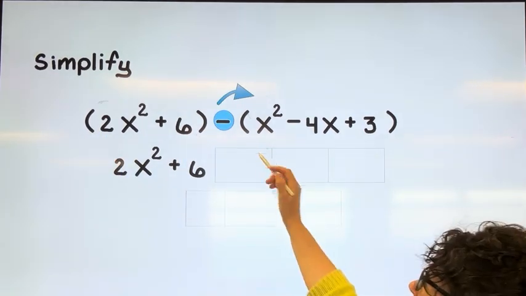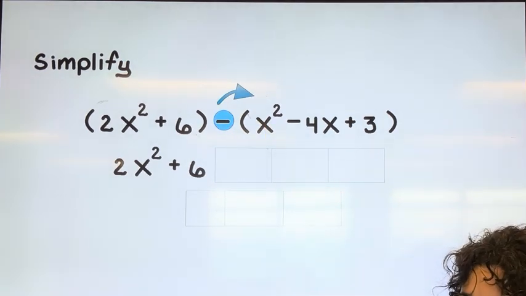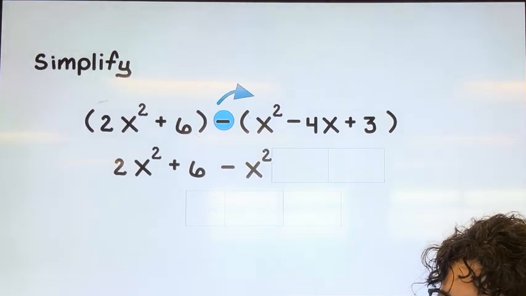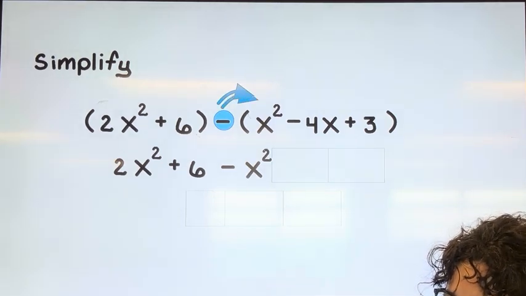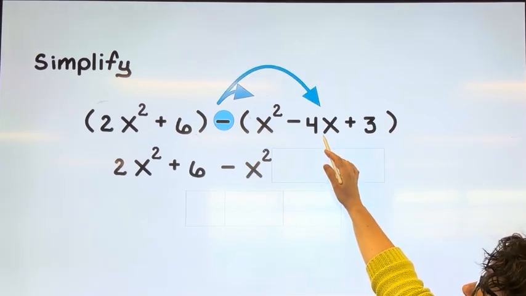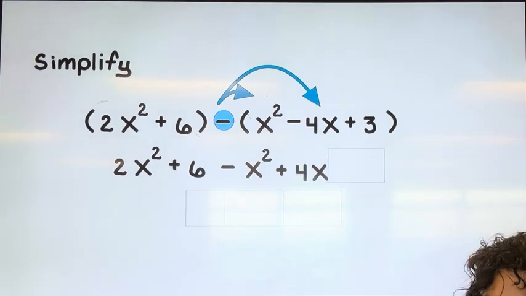Then distributing this negative, a negative 1 multiplied by x squared is negative x squared. And then a negative 1 multiplied by negative 4x. Negative 1 times negative 4x is plus 4x.